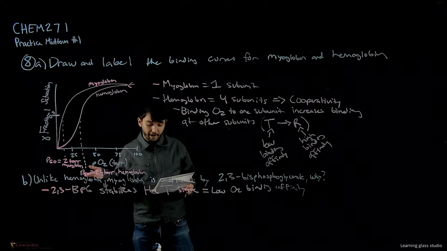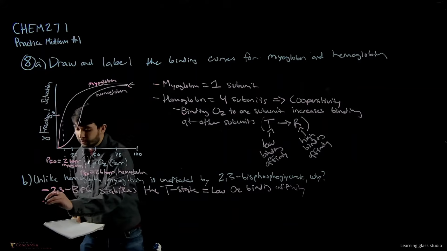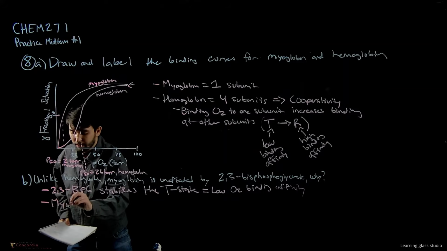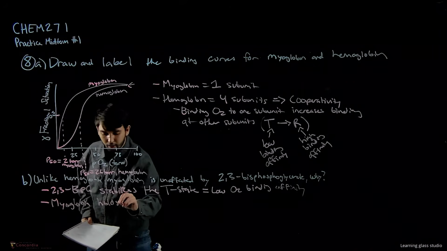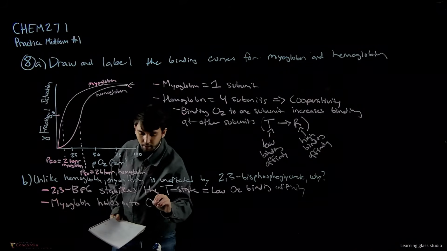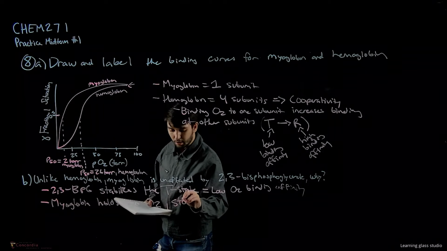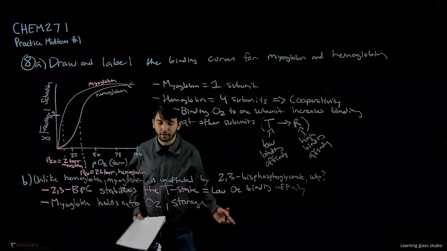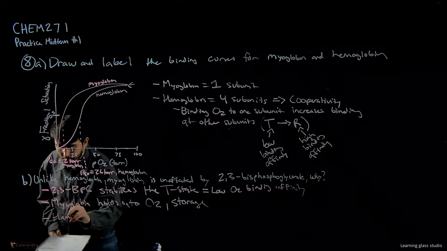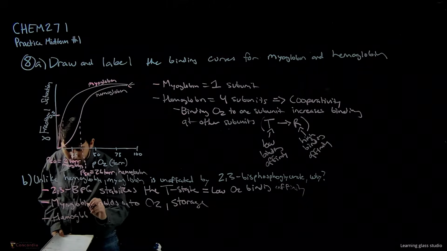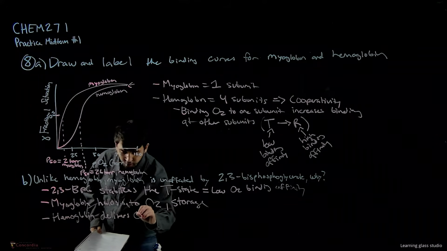Myoglobin is unaffected by this because the purpose of myoglobin, so myoglobin holds onto oxygen, right? So this represents storage. So storage specifically for the muscle cells. On the other hand, hemoglobin delivers oxygen.